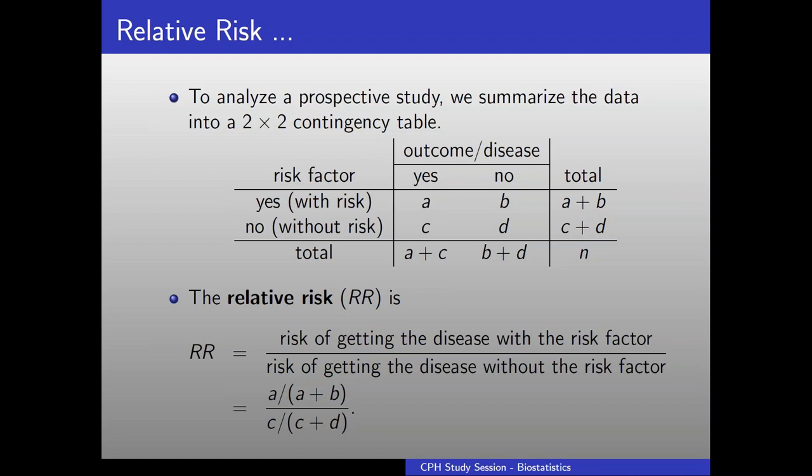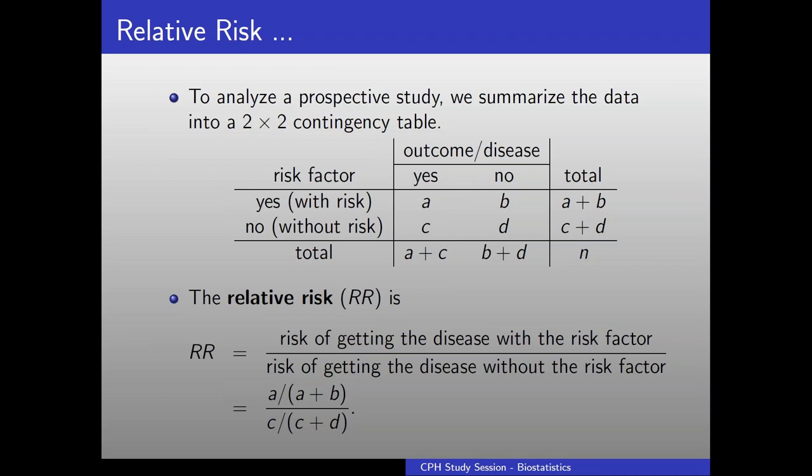In this 2x2 contingency table, you're going to have some risk factor, that's your independent variable, and then some outcome, which is going to be your dependent variable. Both are going to be dichotomous, so yes, no, 1, 0, or variables like that. You're going to have counts within the 2x2 contingency table: how many people have the risk factor and the disease, how many people have the risk factor but no disease, and so on.